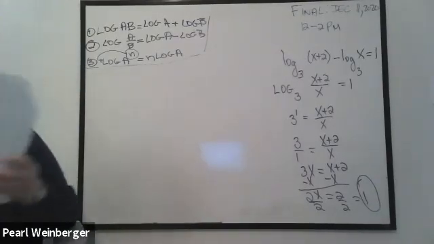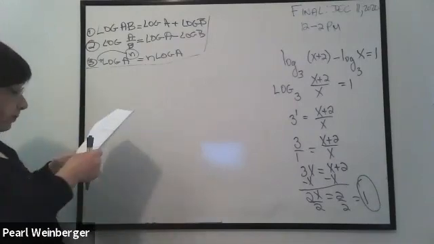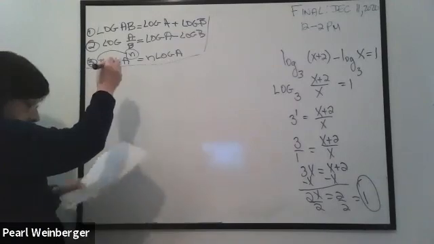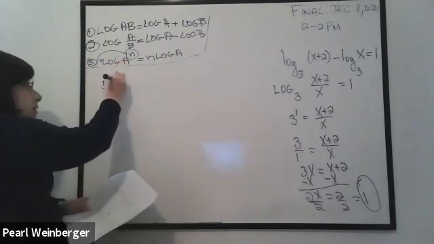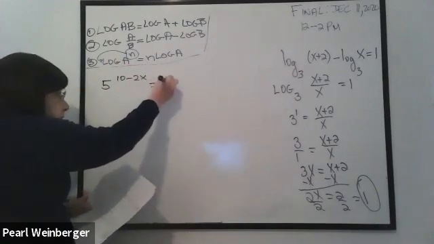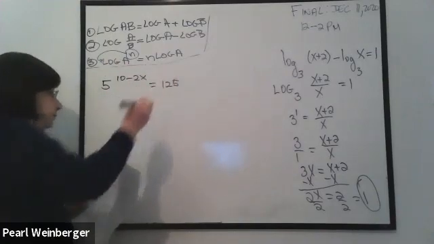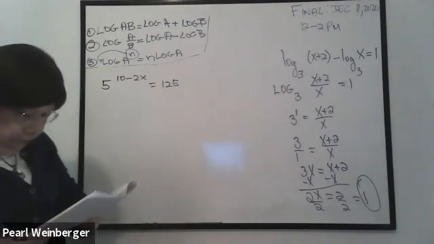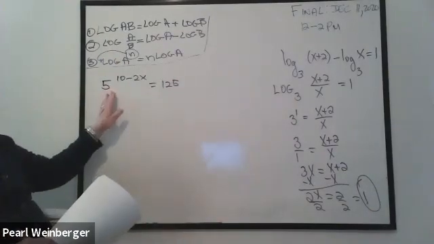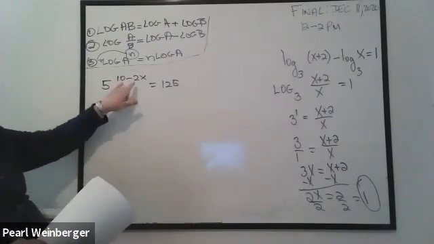And let's take an example that looks like this. 5 to the 10 minus 2x equals 125. It's called an exponential equation because the variable is in the exponent.